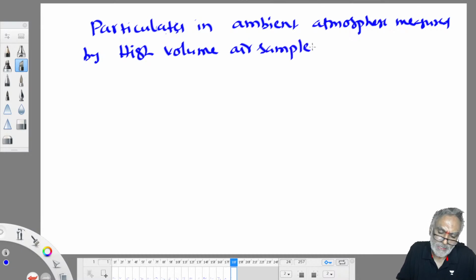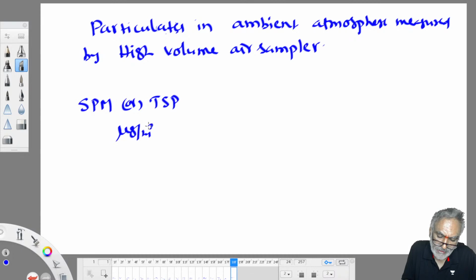Suspended particles in any medium we measure by filter paper only. After measuring, we work out SPM or TSP in microgram per meter cube, which is equal to the final weight of filter paper minus the initial weight of filter paper, divided by the volume of air sampled.